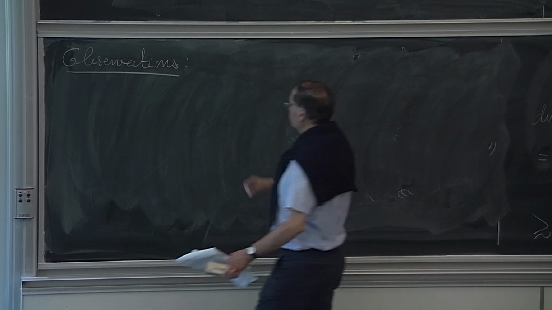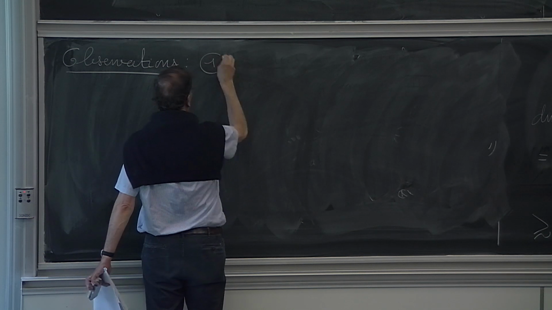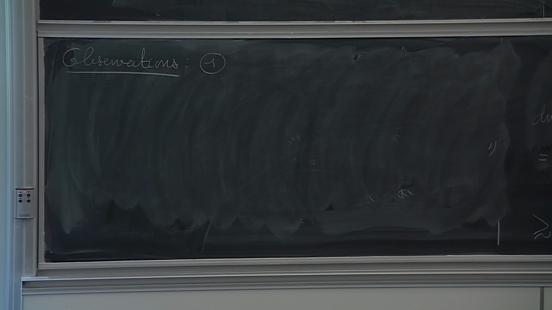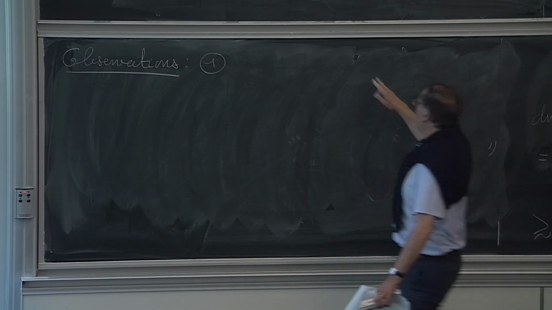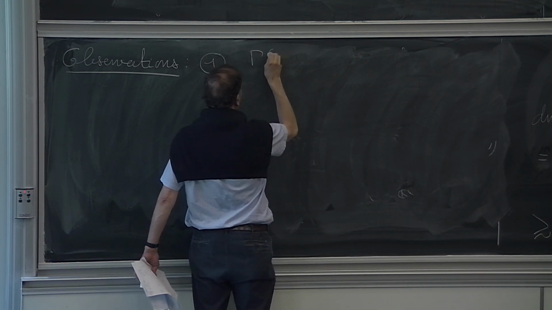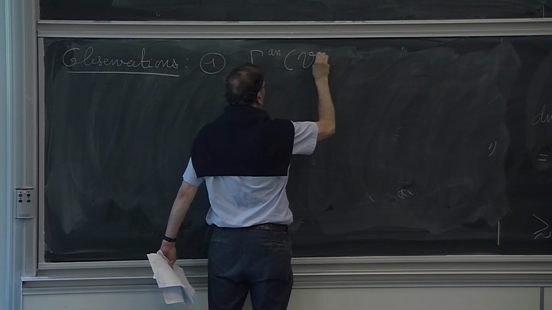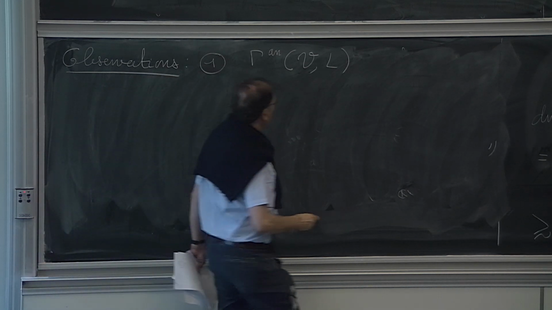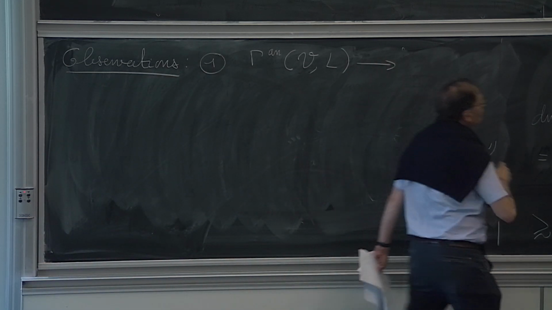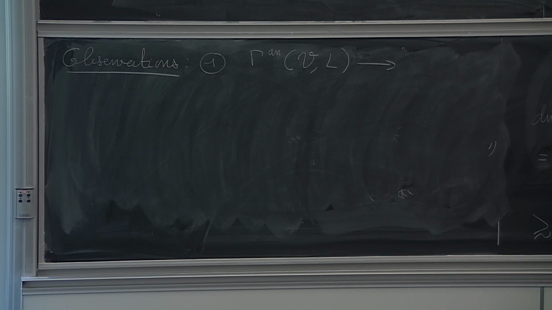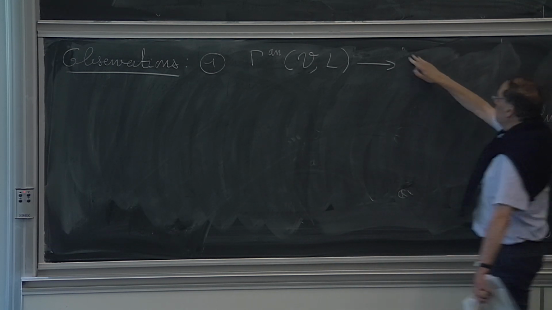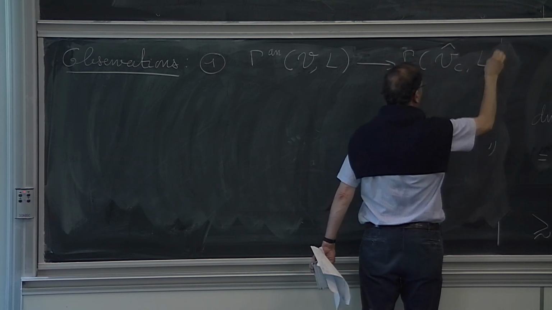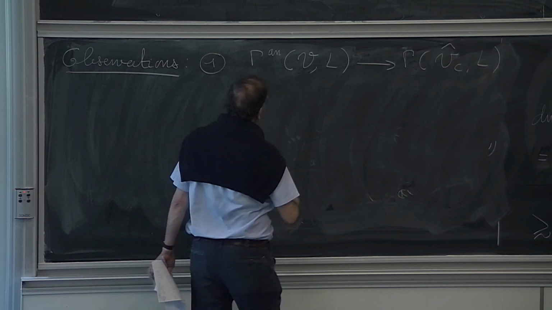The first observation is that you have some kind of obvious restriction map from the space of analytic sections of L along your analytic region V to this projective limit. It's very easy to define.